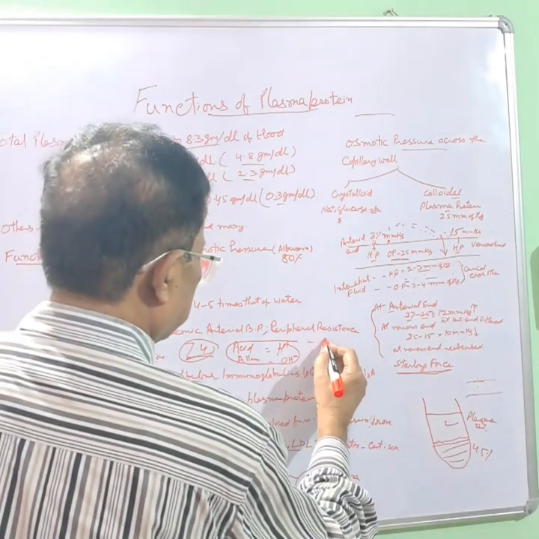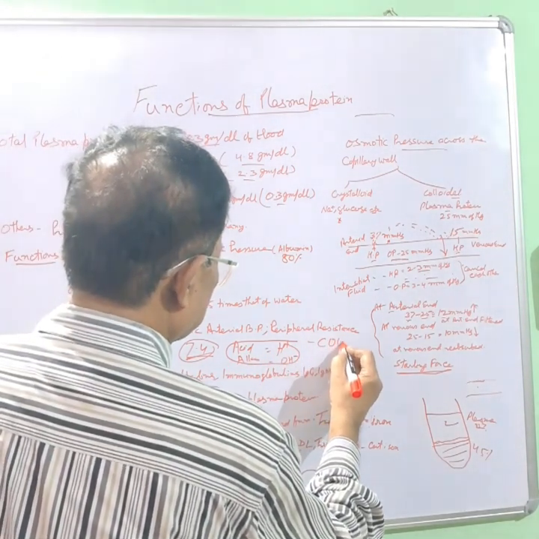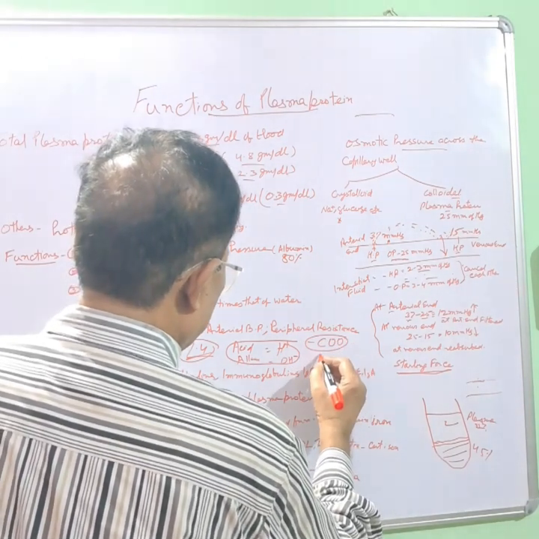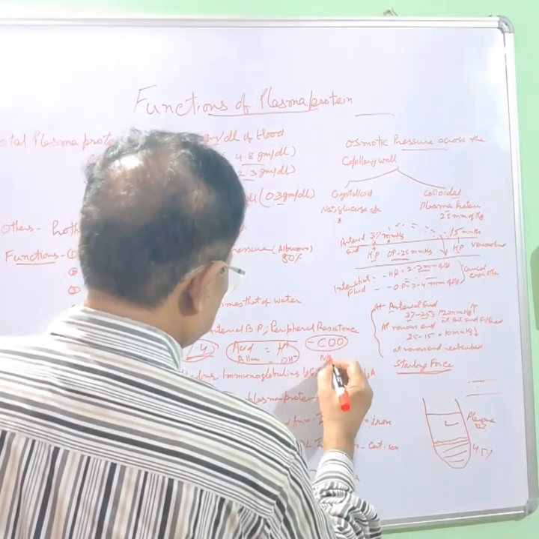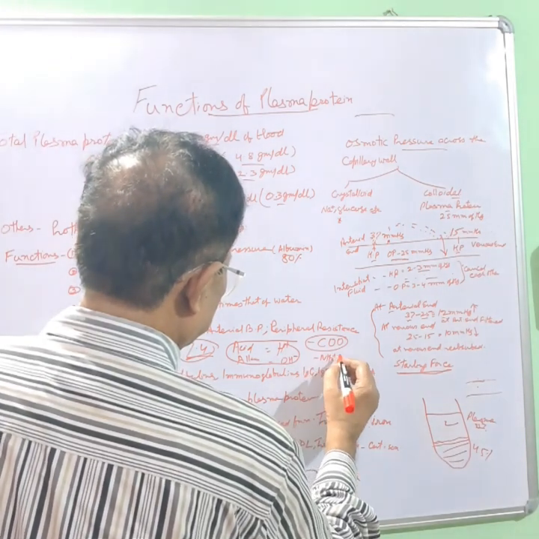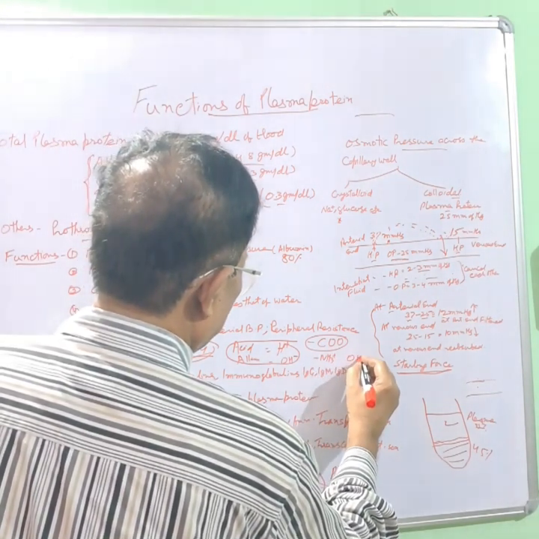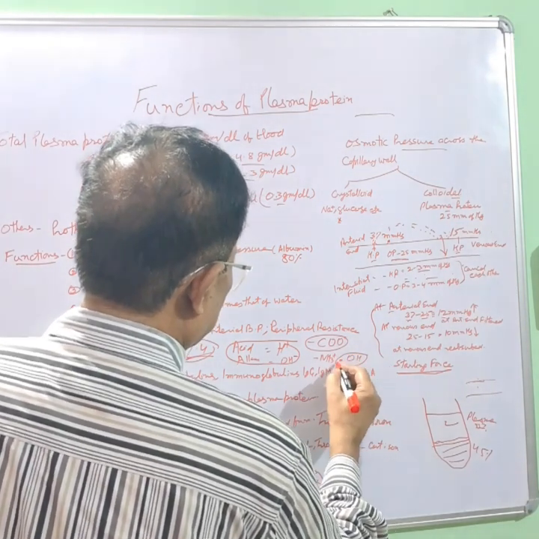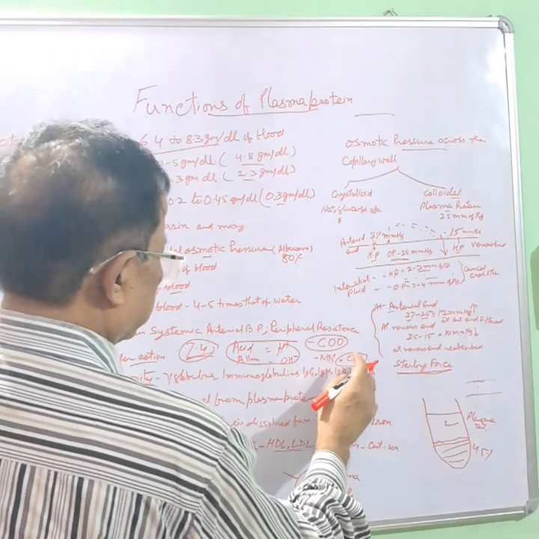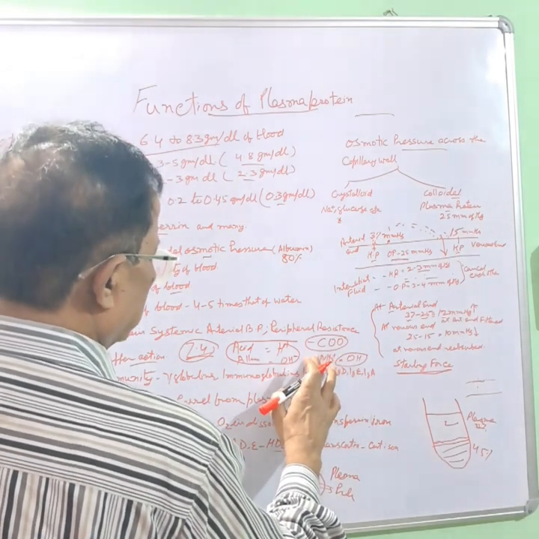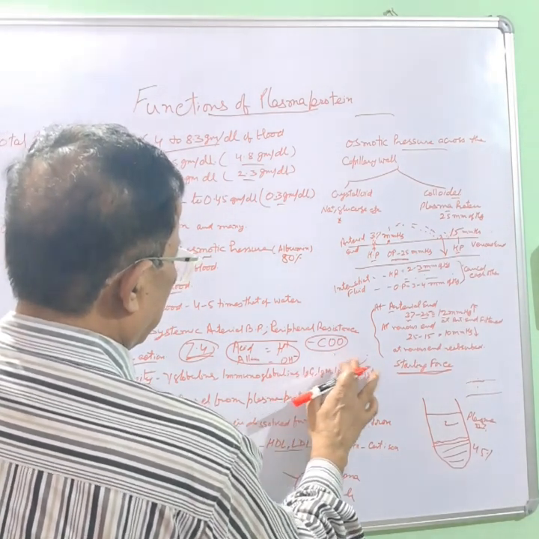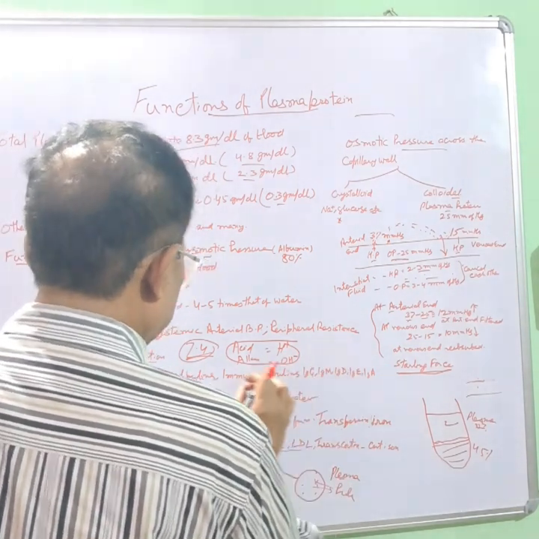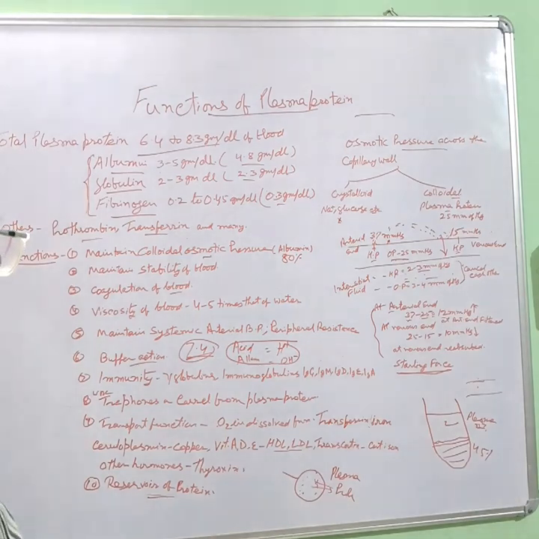This way, it accepts one hydrogen, and it will give proton, hydrogen ion, to this alkaline solution, maintaining the blood pH. This is buffer action.